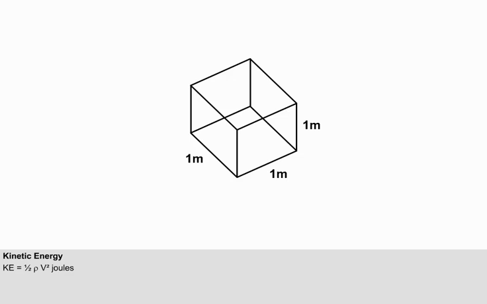If this cubic meter of air is completely trapped and brought to rest by an open-ended tube, the total energy will remain constant, but by virtue of being brought completely to rest, the kinetic energy is converted to pressure energy. This pressure energy is, for practical purposes, equal to half the density times the square of the speed, usually referred to as half ρv squared newtons per square meter.